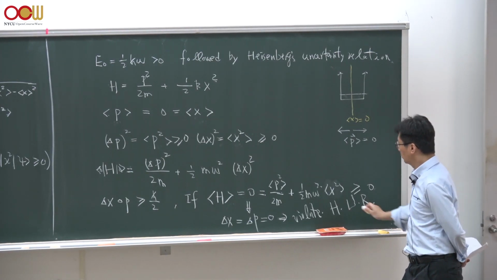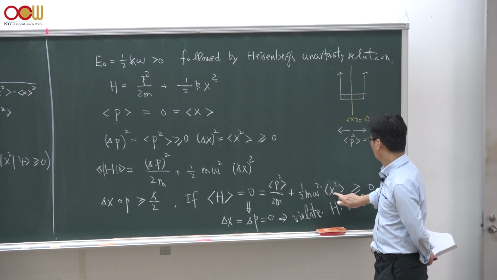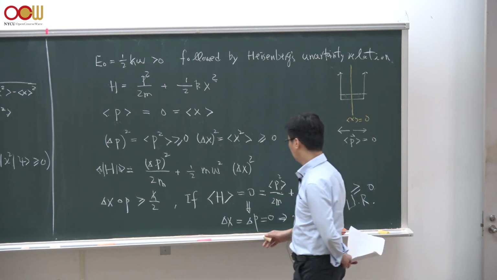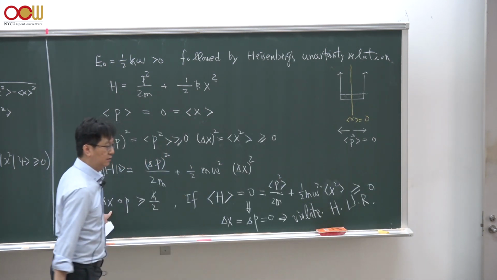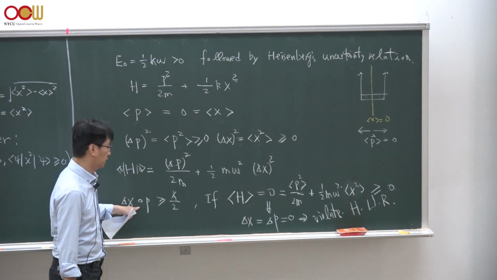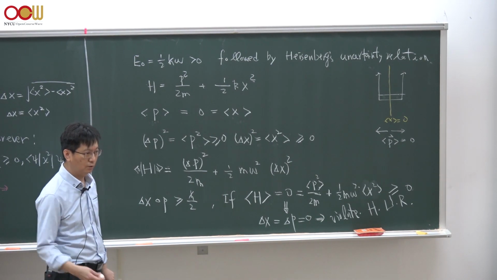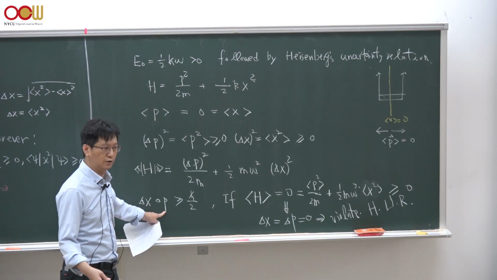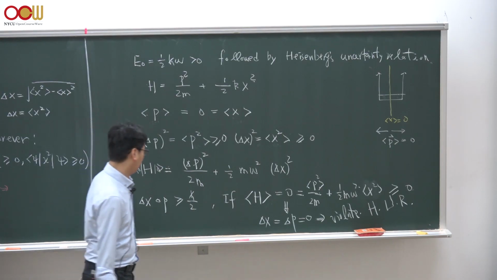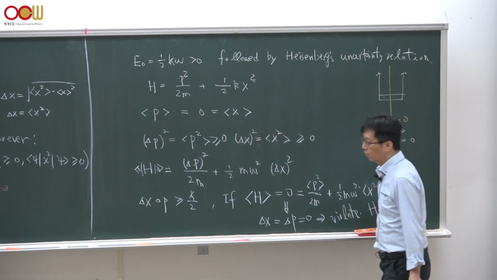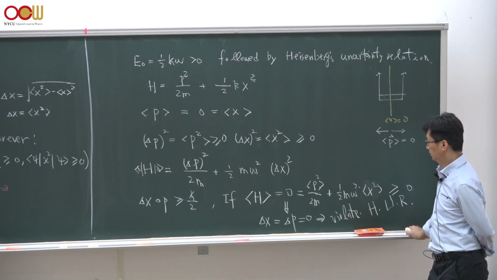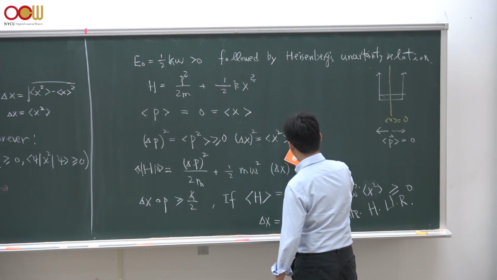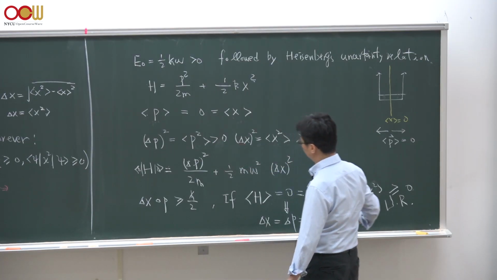So, which means that both x squared average and p squared average should be positive. Okay? So, which means that neither delta x nor delta p could be 0. So, both of them should be positive, because 0 times a non-zero value is also 0. So then we should take out this equal sign from this inequality here.